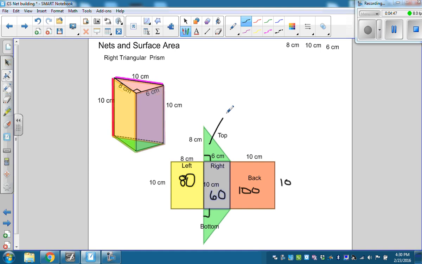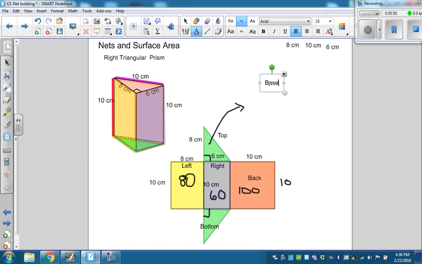To figure out the area of the top and the bottom, I have to do base times height, because it's a triangle, and then I have to divide it by 2. I have to take my product and divide by 2. So with a little bit of mental math, I can see that that's equal to 6 times 8, which is 48.